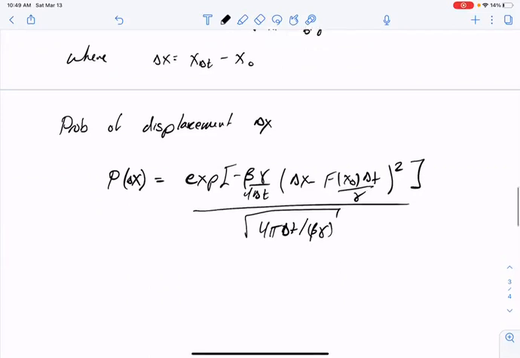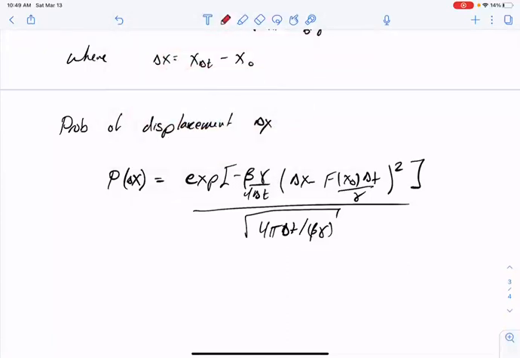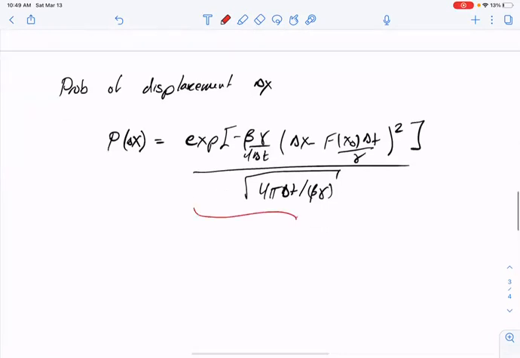So that tells us that if I make many realizations of this process, drawing different realizations of my random variable, the probability of making a specific delta x is itself a Gaussian distribution, owing from the linear relationship between x and eta.